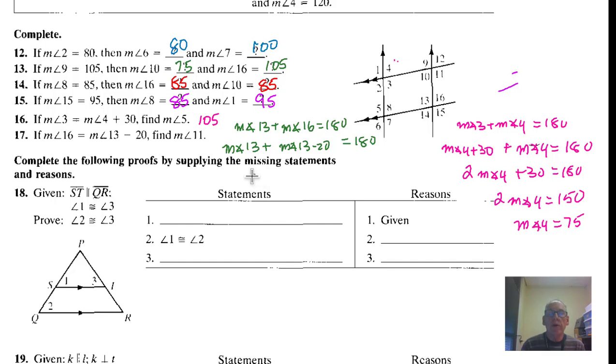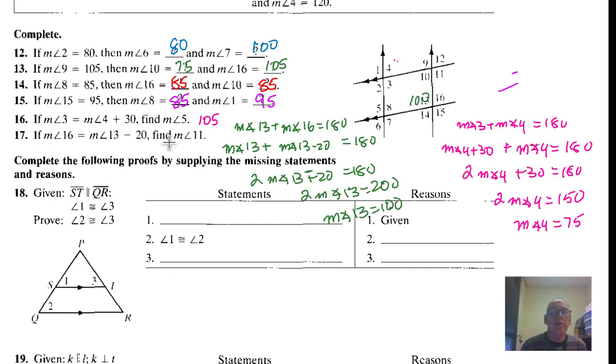So we have 2 measures of angle 13 minus 20 equals 180. We're going to add 20 to both sides. 2 measures of angle 13 equals 200. Divide by 2, measure of angle 13 equals 100. So angle 13 is 100.